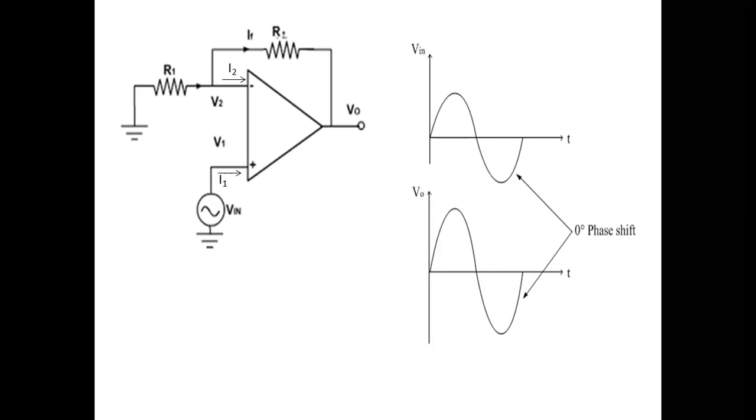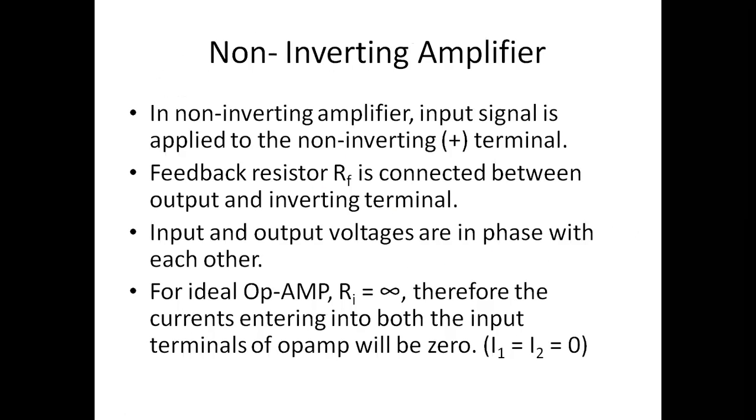So here we can see the non-inverting amplifier. What we are saying about the non-inverting amplifier is that we connect the input signal to the positive, or non-inverting, terminal. We connect the feedback resistor in between the output and the inverting terminal. And here we will get the output that will be in phase with the input signal.